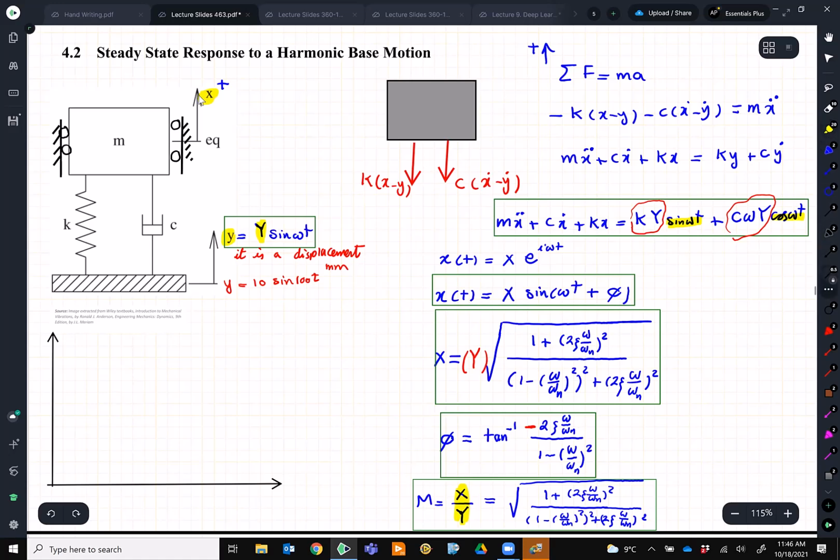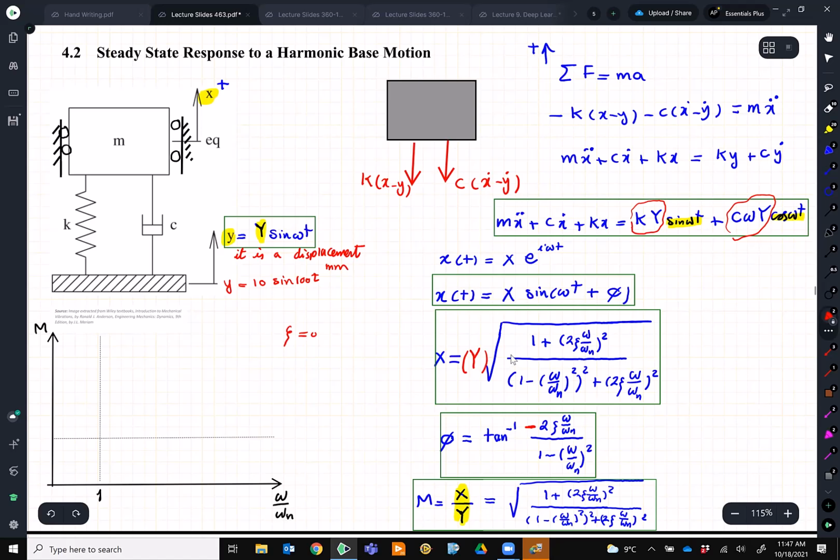As usual, we care about a line that is around 1. Like always, we plot a case where omega over omega n is equal to 1. And this is simply M, or X over Y. Start with a case when zeta is equal to 0. So when zeta is equal to 0, you can see the equations become simple.